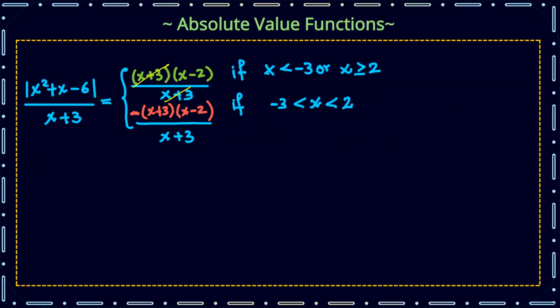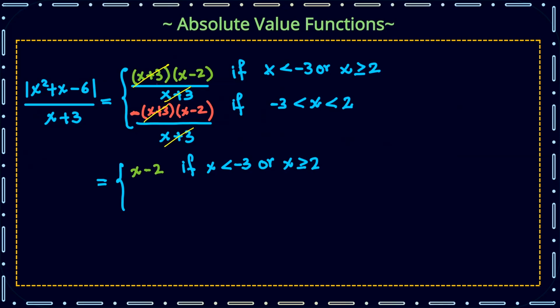We can rewrite our function in a simpler form as x minus 2 on the interval x less than -3 or x greater than or equal to 2. And for the second piece, we can also cancel the x plus 3's.